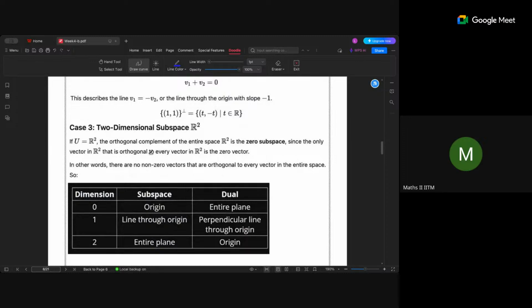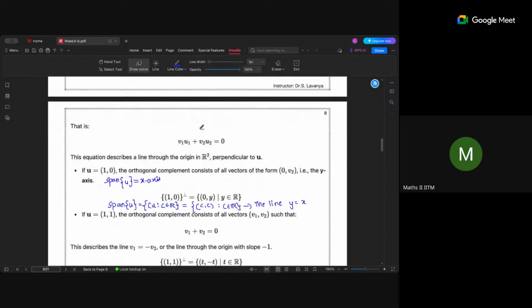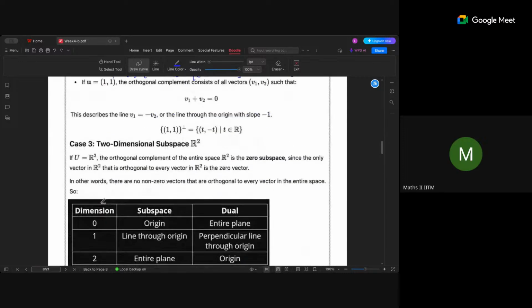Now if your capital U is entire R2, in this scenario, what can you tell about U perp?